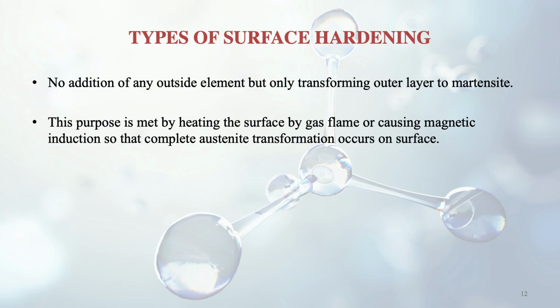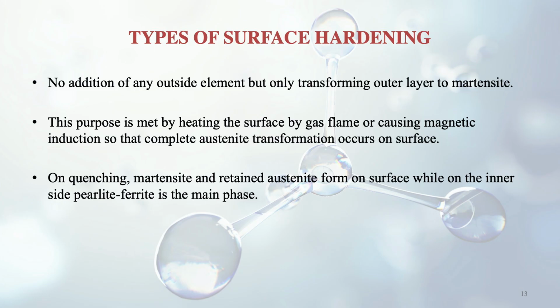Then the second one will be there. Before that, we discussed the purpose of the first one. How is the purpose met? By heating the surface by gas flame or by magnetic induction, so that complete austenite transformation occurs on the surface. So we subject the surface only to gas flame or to magnetic induction.